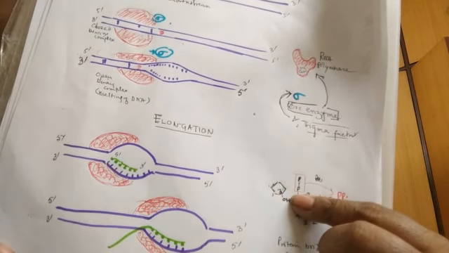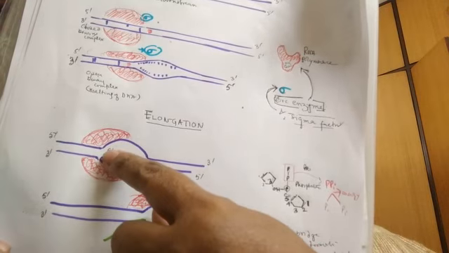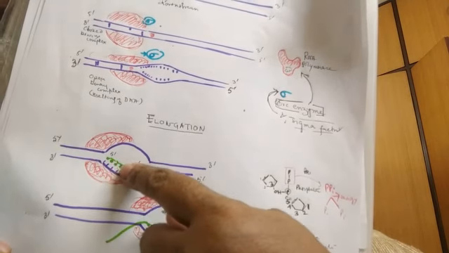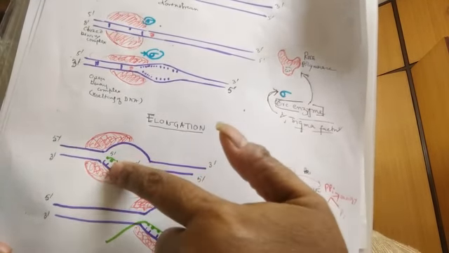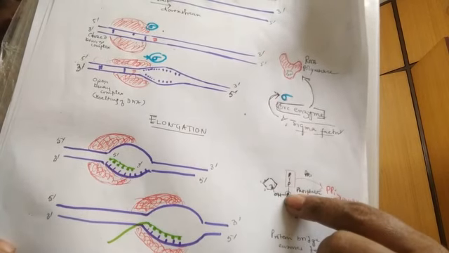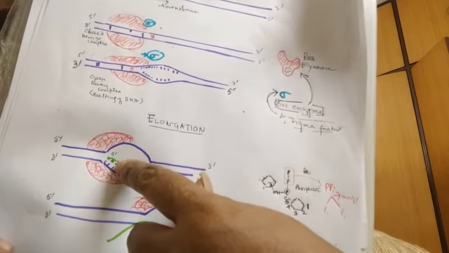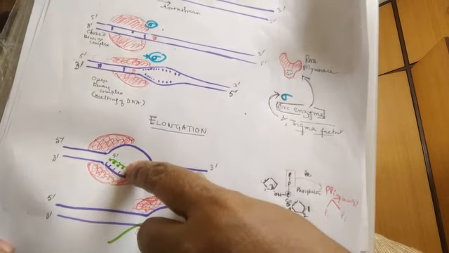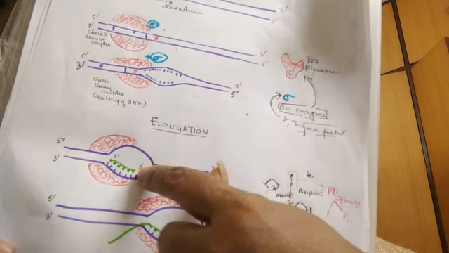And thus the chain elongates gradually. Clear? Forming this phosphodiester bond one after another, the ribonucleotides get attached and the chain elongates.